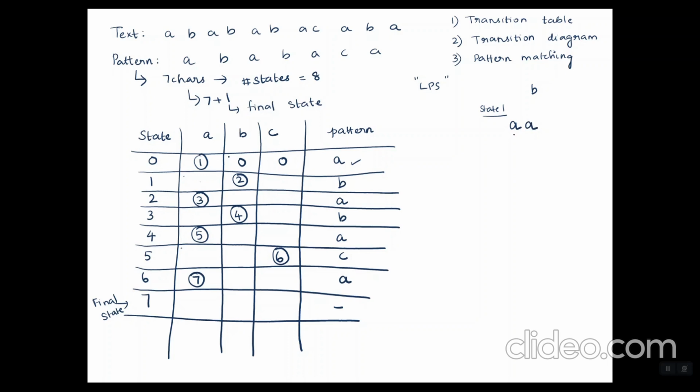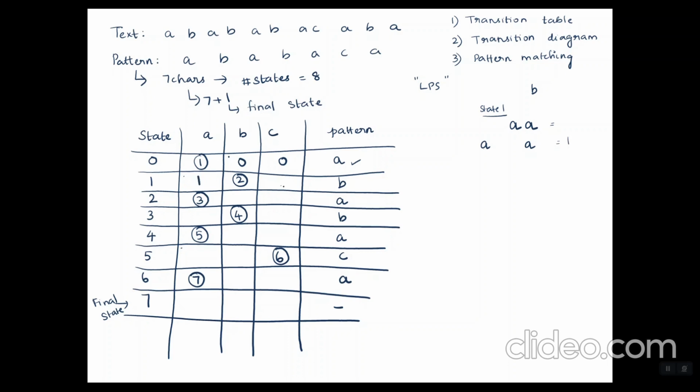One is A from the previous row, another one is A from the current column. If AA is the input for LPS, the LPS value is equal to 1. Why 1? Prefix is A and the suffix is also equal to A. So the substring is of length 1. So the LPS value is equal to 1.